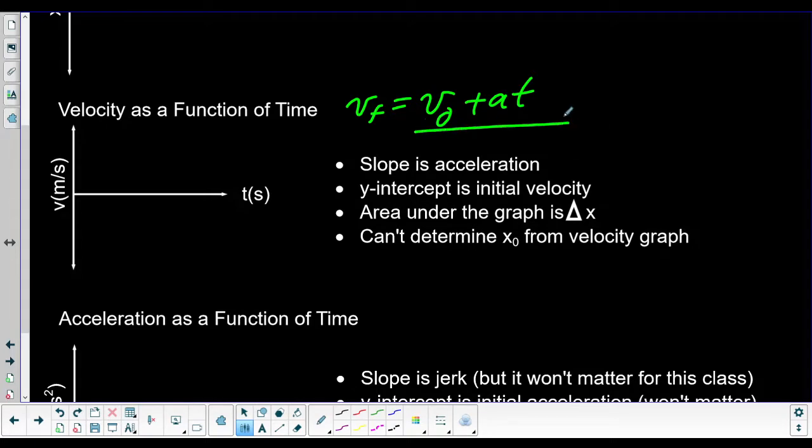Because this is a linear equation, we're going to limit our learning to linear velocities. And if they can't be represented linearly, we're probably just not going to graph them. Or we'll think of a new way to define it so that they do become linear.